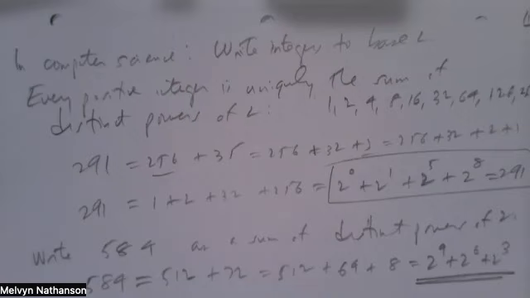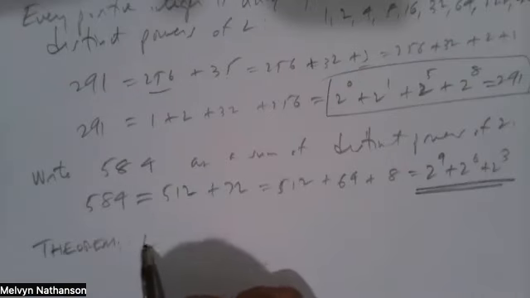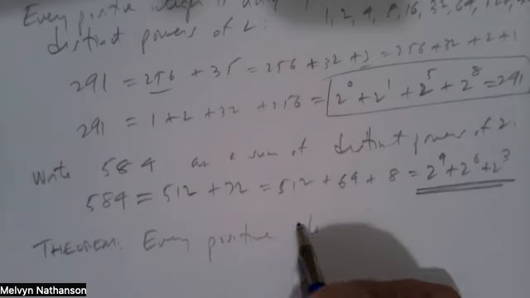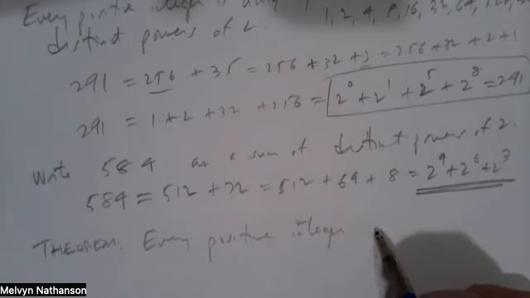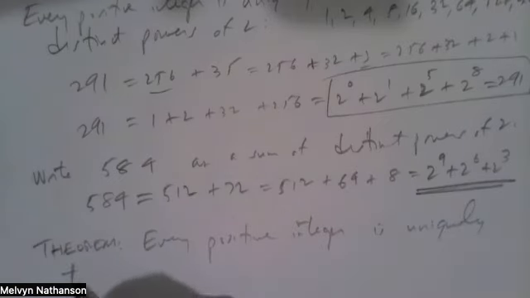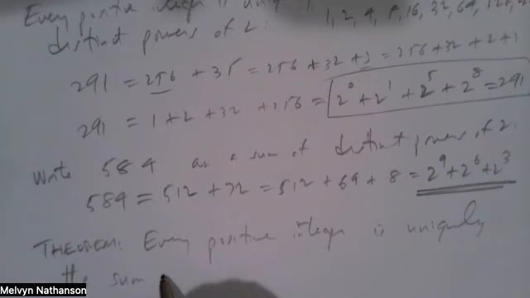And the theorem says this is always possible. So this is the theorem. Every positive integer is uniquely the sum of distinct powers of 2.